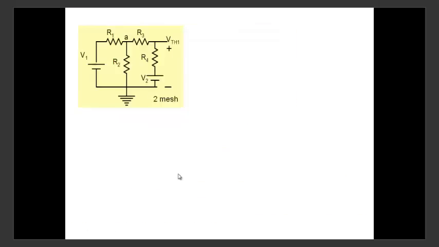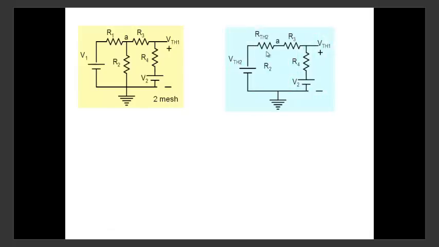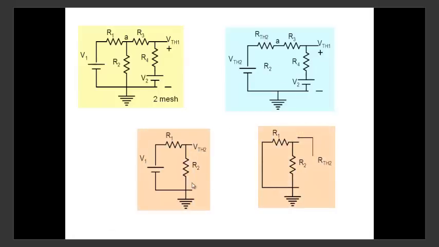Now I can take this 2-mesh problem and apply Thevenin's theorem again to this part here, R1, R2 that you see here. So we get this one mesh circuit. But to solve this, I need to determine VTH2 and RTH2. That requires a circuit here for finding the Thevenin's voltage between these two nodes and another for finding the Thevenin's resistance.